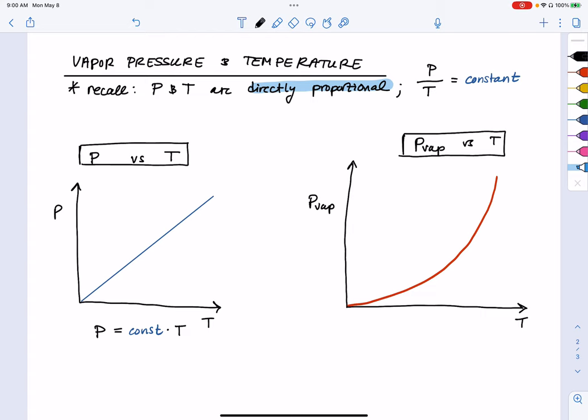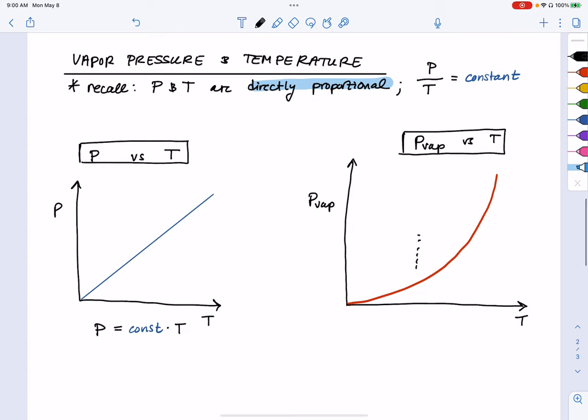So once we deviate away from, let's say this temperature, where this, I think we could argue, looks a little bit like a straight line, we see that at high temperatures, or as temperature increases, the vapor pressure wildly increases exponentially.